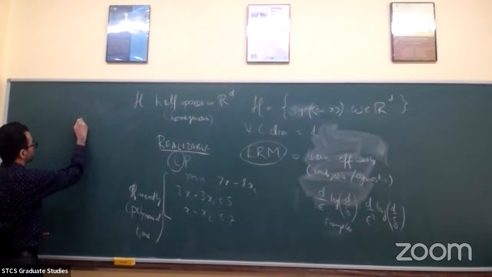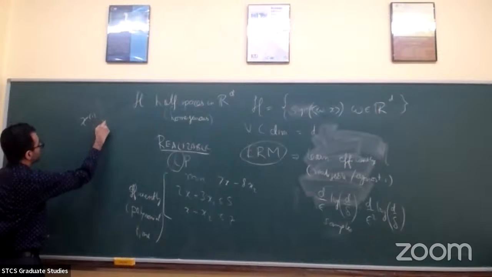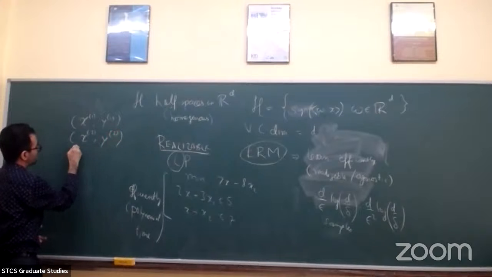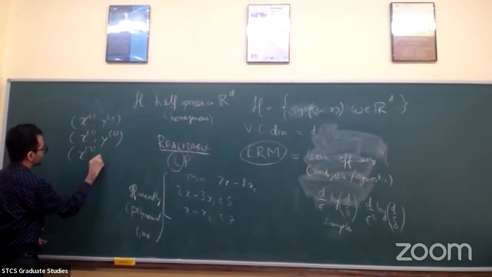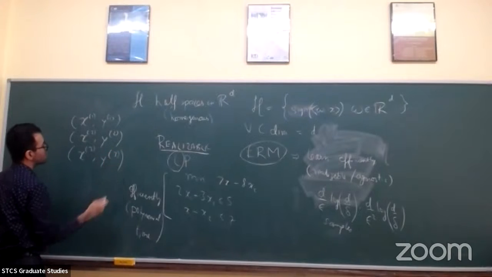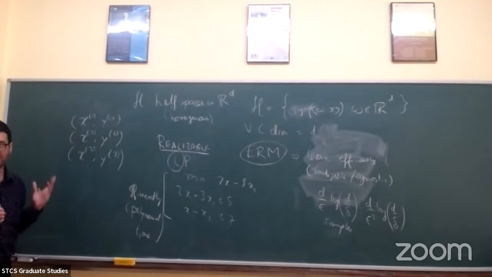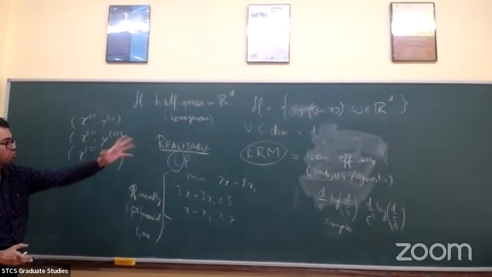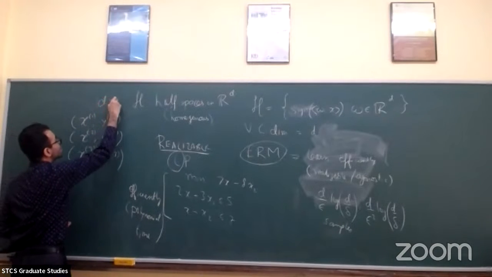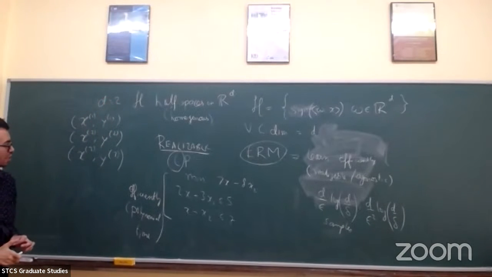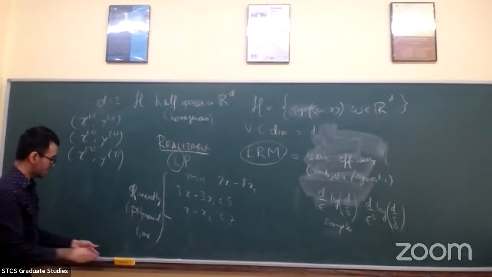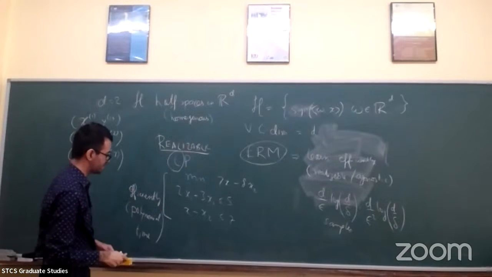You have a bunch of examples x1, y1, x2, y2. Say you have 3 examples which came to you, and let's say you're living in 2 dimensions, 2D.